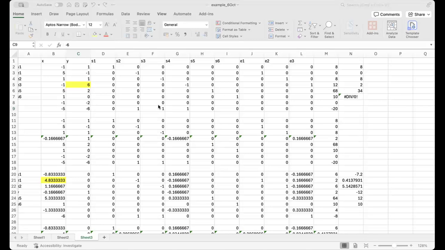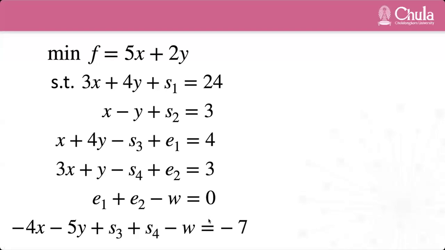This is how we write W, because W is the summation of all E variables. We have E1, E2, E3, right?